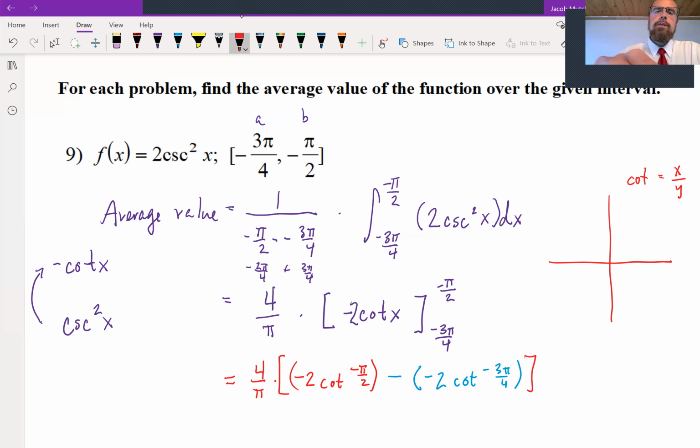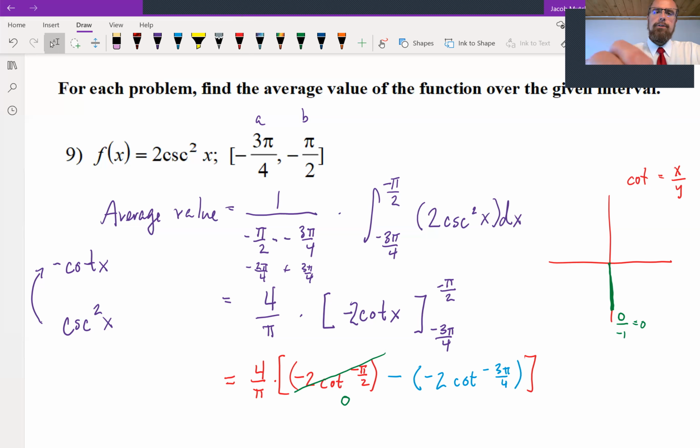So for my first expression here, the angle measured negative pi over 2, in terms of my values of x and y, cotangent here is going to be 0 because there's no horizontal component over. We would consider that to be -1 for the vertical, but that's going to have the value of 0. So this has the value of 0, which is going to make that whole first term cancel out.